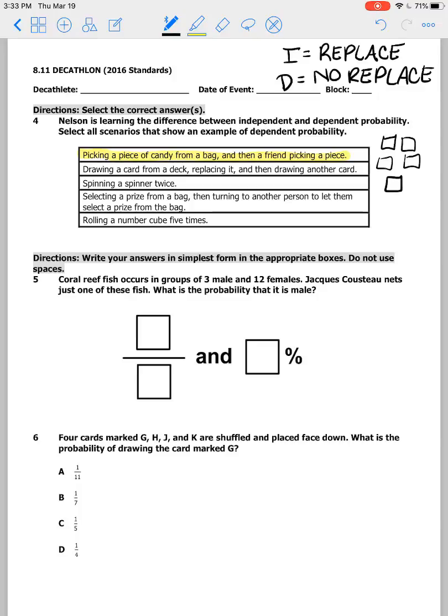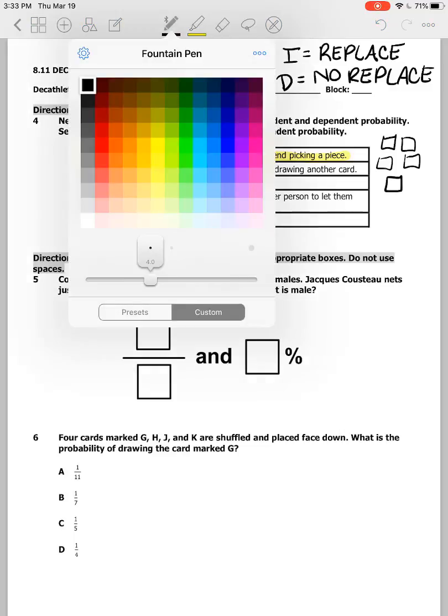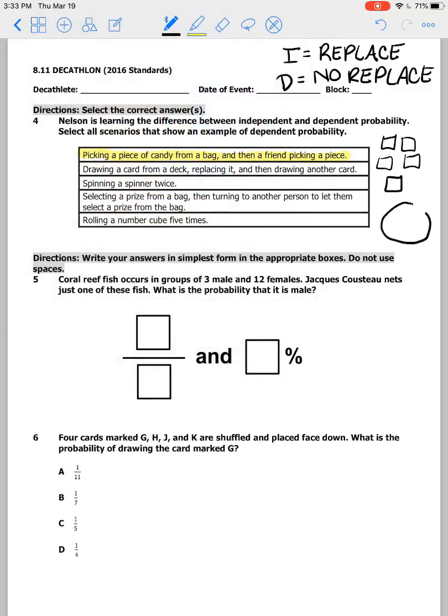Spinning a spinner twice. So if anybody has ever played the game of Life, this is really similar. You have a spinner like this. You guys had that Desmos activity with a spinner. It kind of looks like this. Oh, I'm a terrible artist. You guys know that. If I spin the spinner, nothing changes. We don't delete any of the wedges.